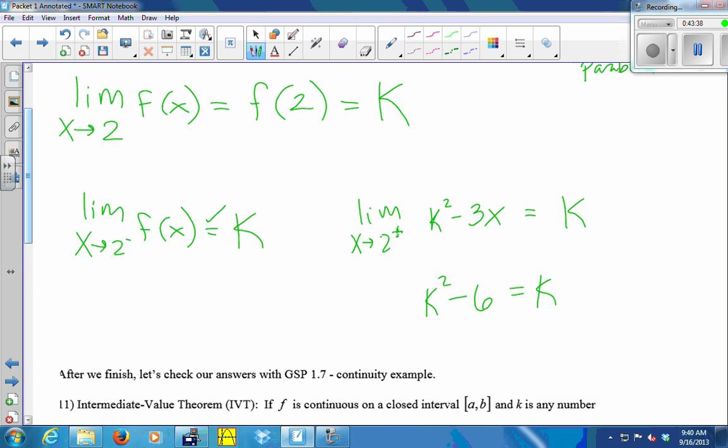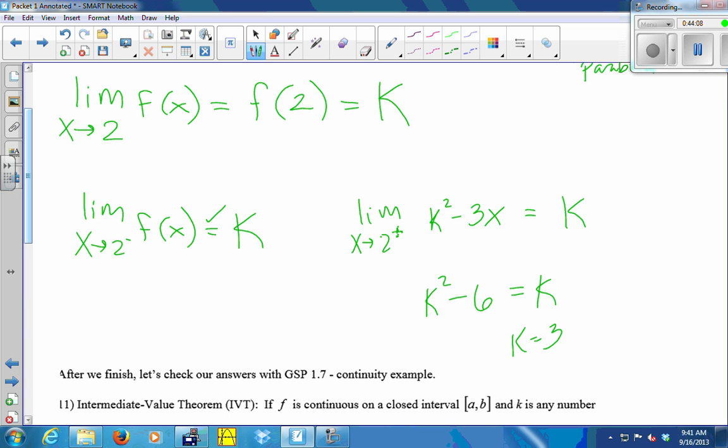3? 3 squared is 9 minus 6 is 3. Sure. Any other k's that would work? Negative 2? Negative 2 squared is 4 minus 6 is negative 2.